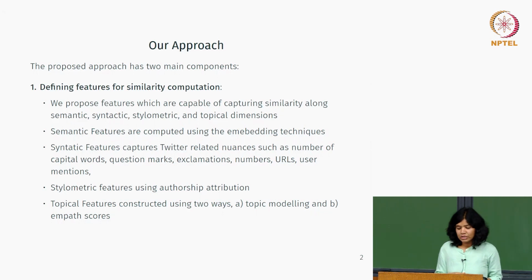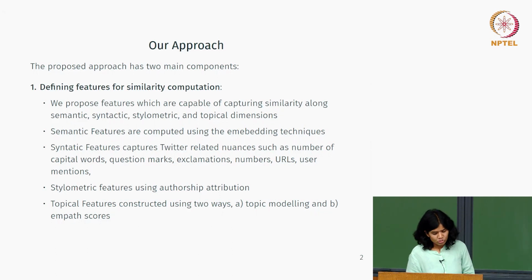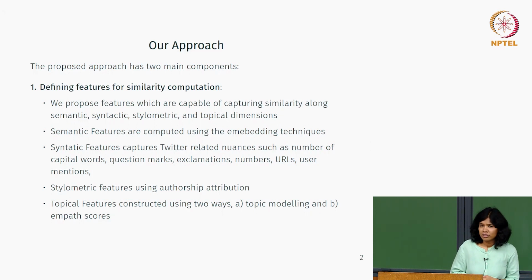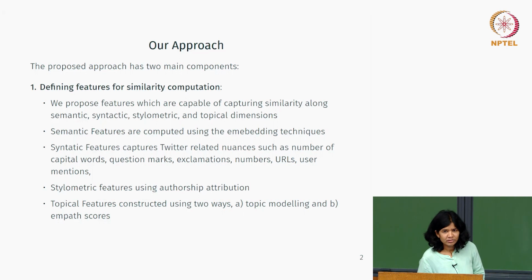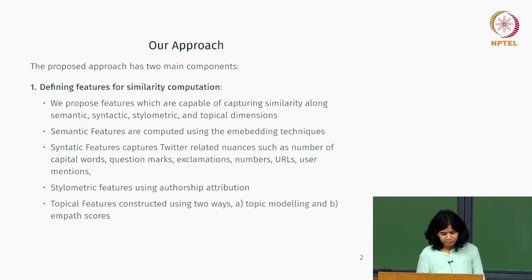And then we can also have topic based similarity, which is basically the kind of topics you are posting. Now how do we figure out topics? There are multiple ways again. One basic standard way, used for a long time, is topic modeling using LDA. I'm not sure how many of you have heard of LDA, latent Dirichlet allocation. It's okay, I think it's not needed, but I'll explain a bit.